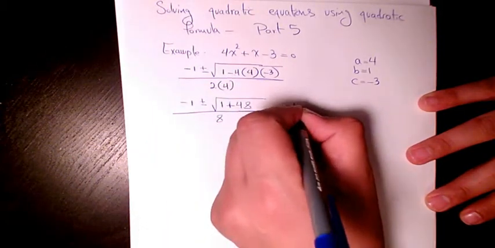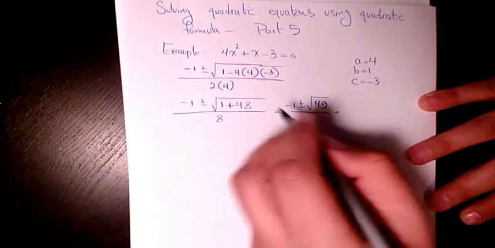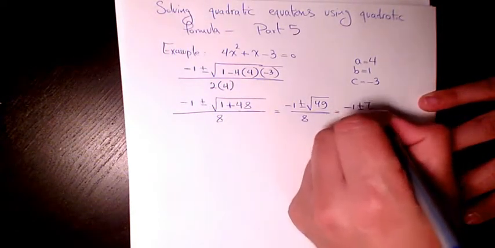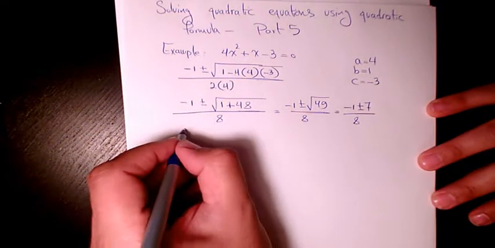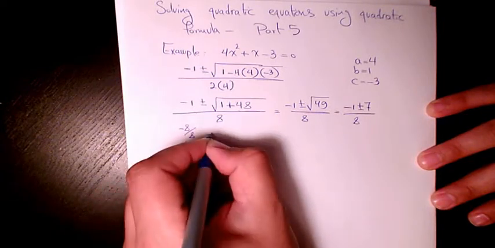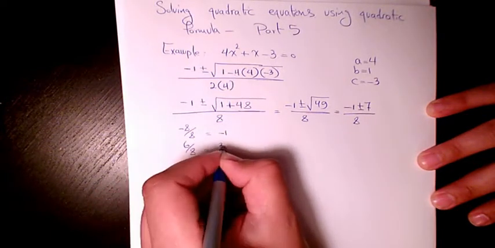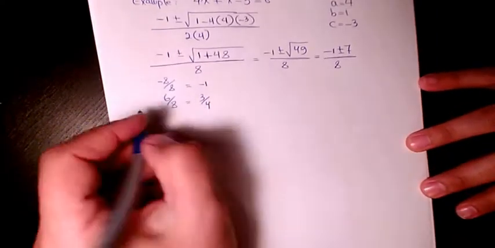So that will be negative 1 plus minus square root of 49 divided by 8, which will be negative 1 plus minus 7 over 8. So that will be negative 8 over 8 and 6 over 8. So that will be negative 1 and 3 over 4. So these are the two answers. Next example.